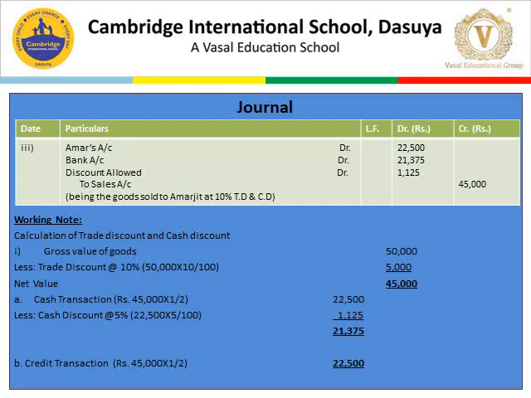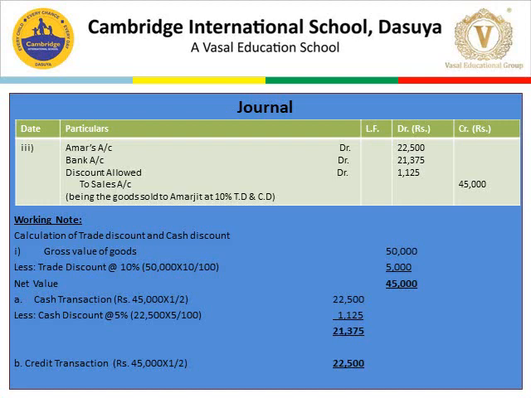Now, cash transaction: half of the amount is received in cash. Half of 45,000 is 22,500. Cash discount is always received or given on cash payment or cash receipt. So here the cash receipt is 22,500, and the cash discount will be given on 22,500.